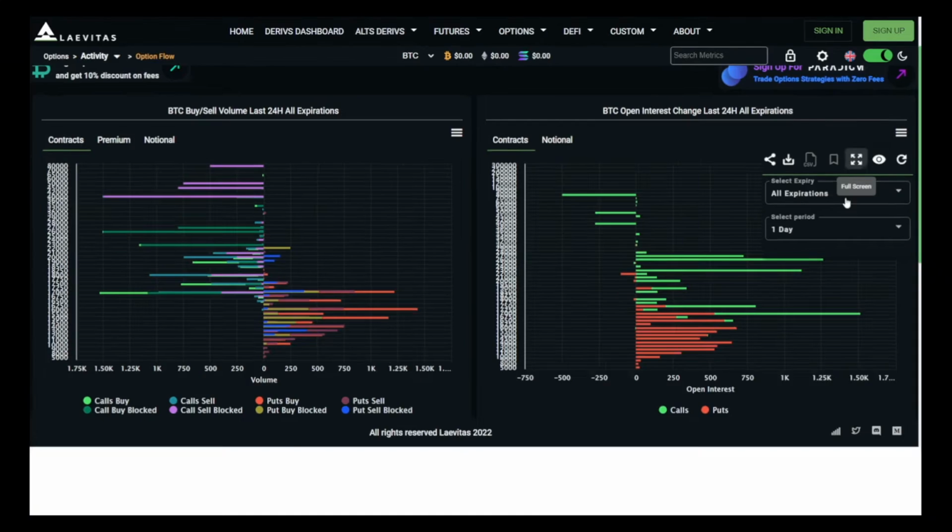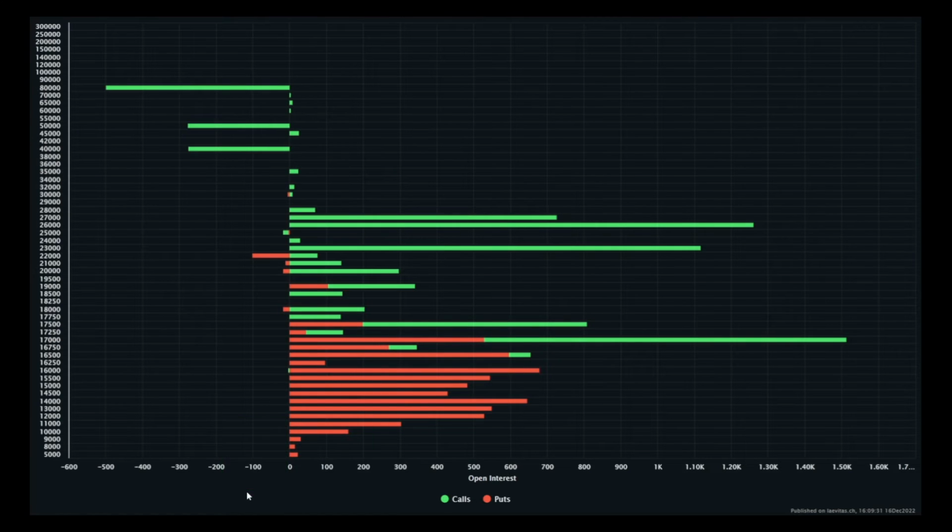So what this is showing is something that you're probably not familiar with, because not a lot of options brokers will ever give you this kind of information, because it's very, very helpful. This is telling me open interest changes over the last 24 hours by calls and puts, net delta, a net change. So let me just basically tell you what this is and how you can use it to your advantage.